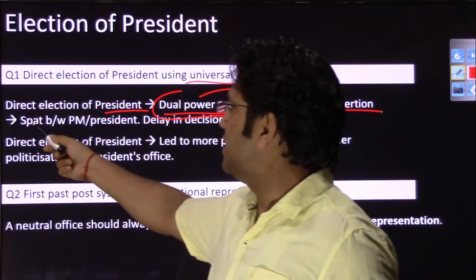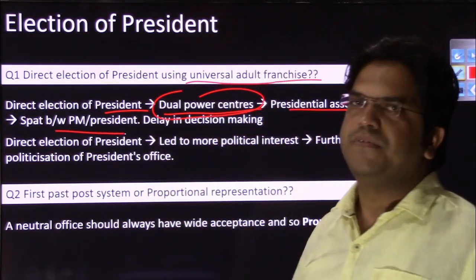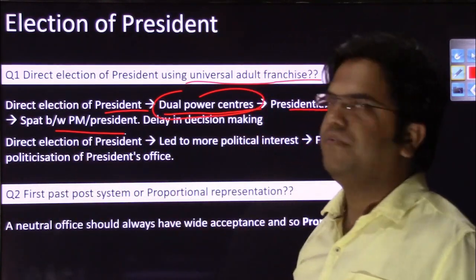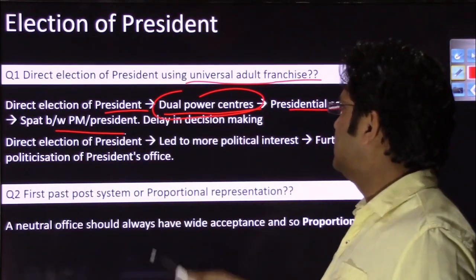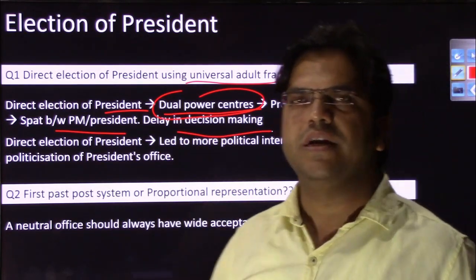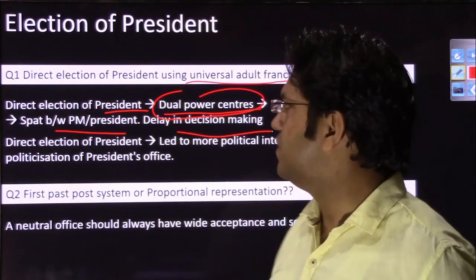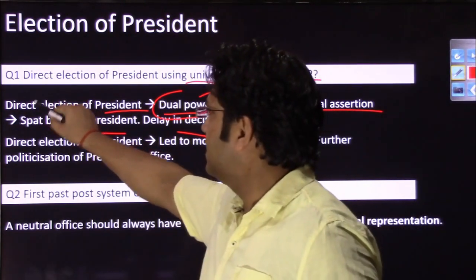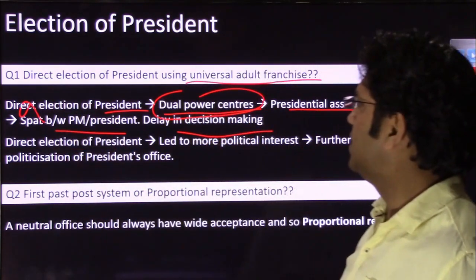That will continuously lead to a spat between the Prime Minister and the President, and that will ultimately result in delay in decision making, coordination issues, continuous friction. That's why it was settled that he will not be directly elected. What kind of election would it then be?